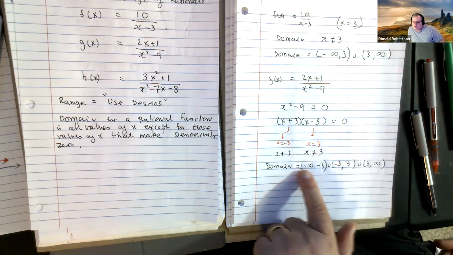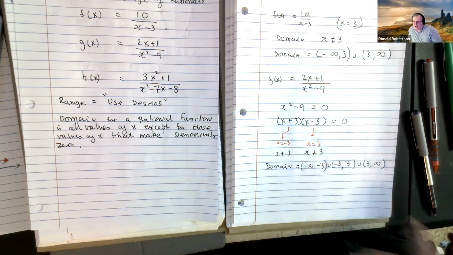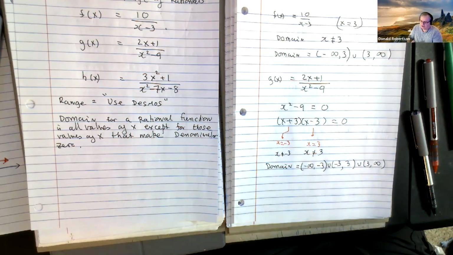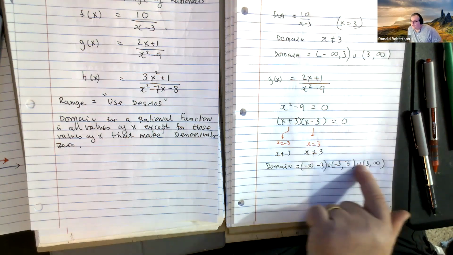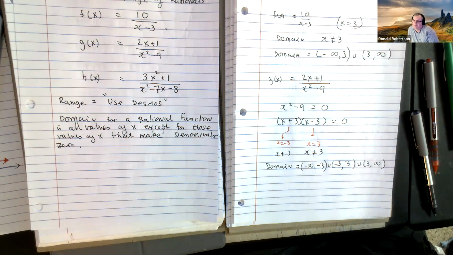Now, if you look at that notation, as ugly as it is, isn't it really basically saying -3 and 3 are the 2 guys that aren't going to get used, right? You start up to -3 and -3 onwards. You finish at 3 and then you start at 3 and you go on 3 onwards. And have you noticed that everybody is curved, right? Which means you can't use any of the endpoints.